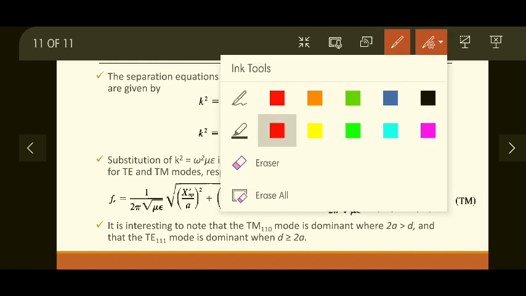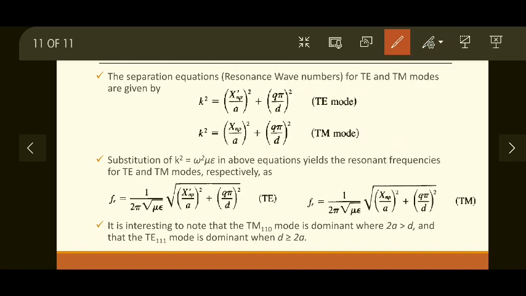So this is how you can find out different components of electric and magnetic field. Now the aim is to find the resonant frequency for this circular waveguide or circular cavity. The separation equations give different frequencies at which resonance will occur. That's why they are called resonance wave numbers.